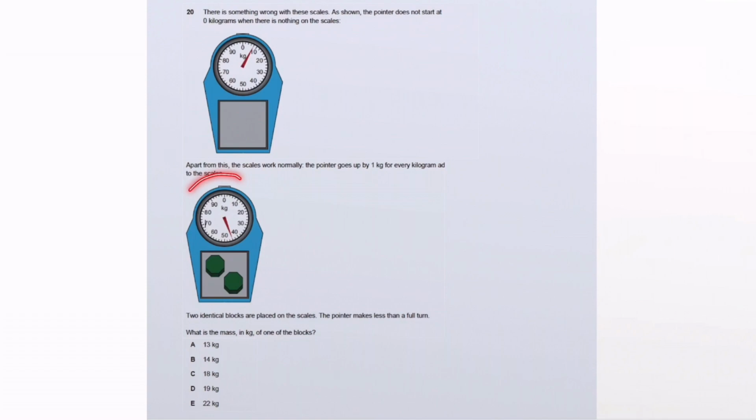So we can firstly try and find out the mass of one of these blocks according to this scale. So the scale is going up by 2 kilo increments. So what we can do is firstly read the scale. We can see that it is saying 44. And we know that there are 2 blocks, so divide it by 2, get 22.